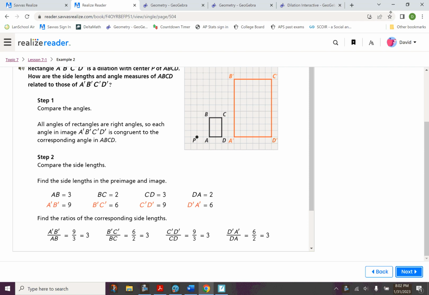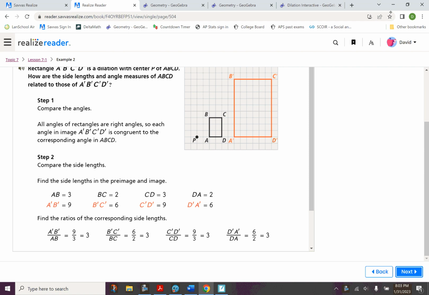You're always going to, here, catch this, put the new measurement in the numerator. So 9 divided by 3 is 3. 6 divided by 2 is 3. Our scale factor here is 3. Again, new measurement in the numerator, new distance, new side length, however you want to think of that.